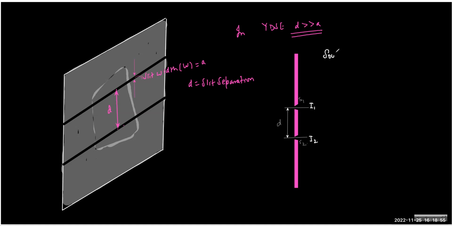So source intensity is proportional to the width of the slit. So if we choose A1, A2 as the width values, you will get I1, I2. If A1 equals A2, then I1 equals I2.